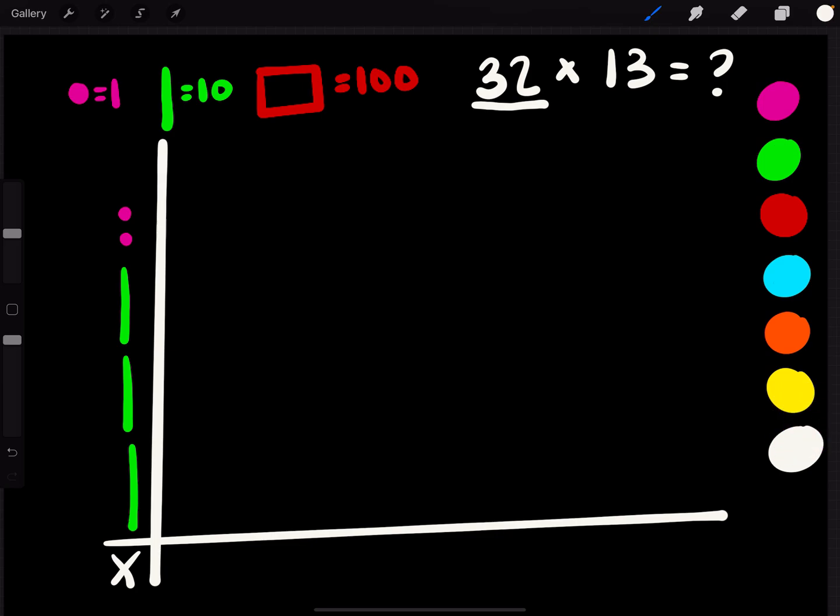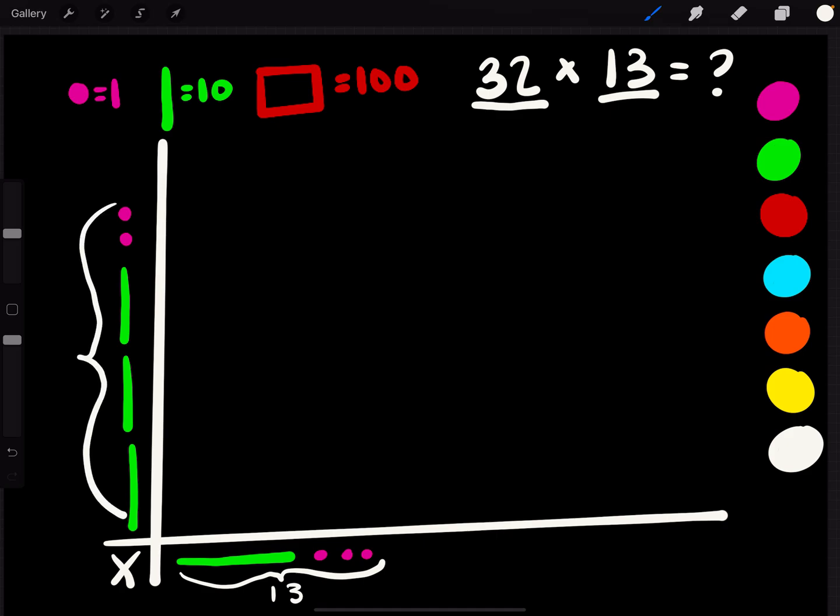Now we are going to do the factor of 13. 13 is represented by 1 tens rod and 3 ones. So this represents 13, and this represents 32. Okay, now how do we build it?